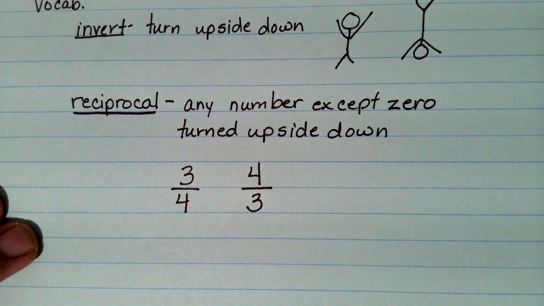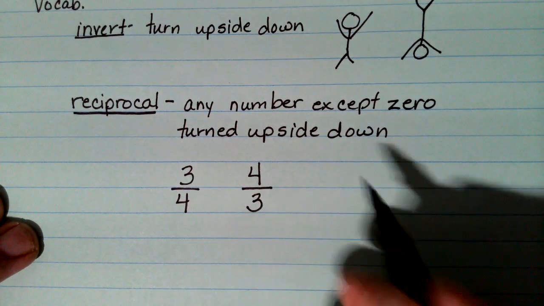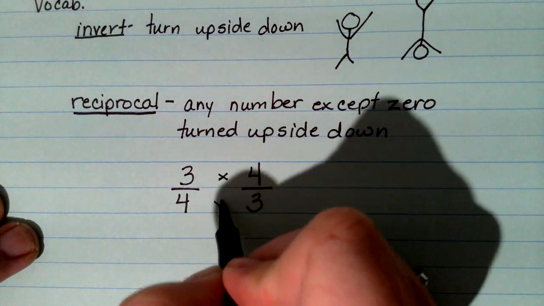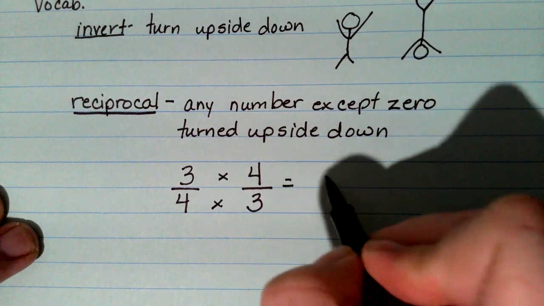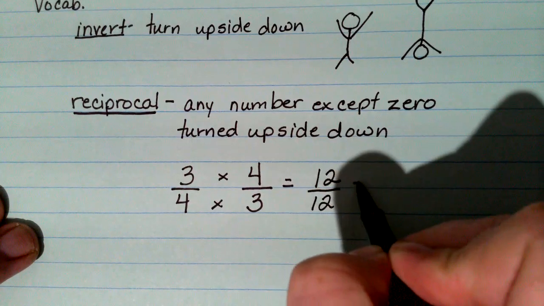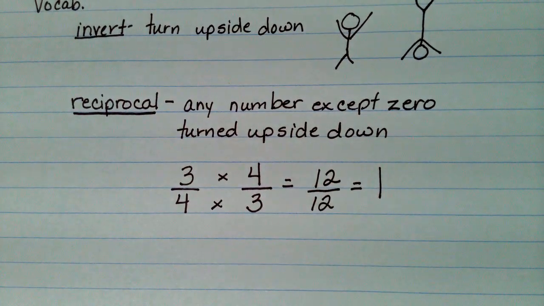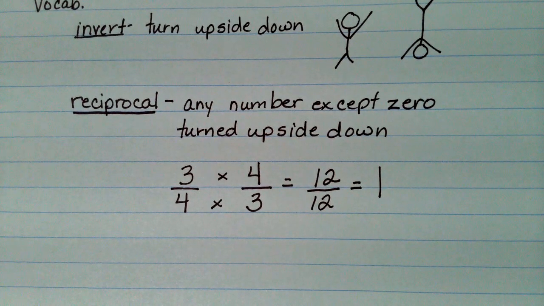When we do that, something cool happens. Anytime we multiply our original fraction by its reciprocal, we get a fraction that is equivalent to 1. Pretty nifty little fact, right? Awesome.